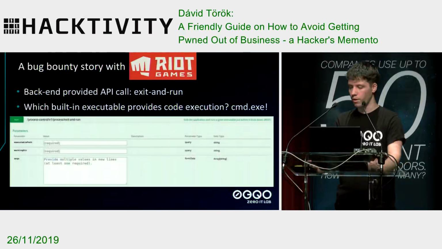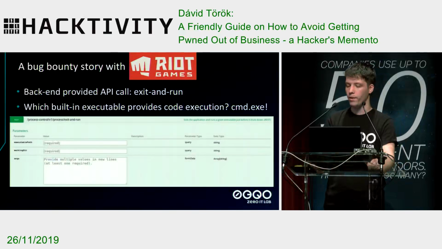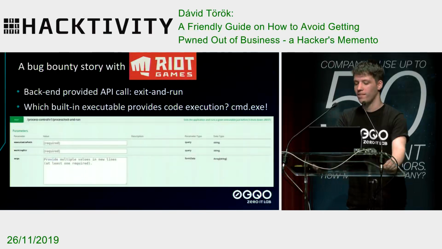So where do we go from there? The backend provided an API call named exit and run. Very practical for us, I can tell you. I'll explain why they have this in the client in the first place.